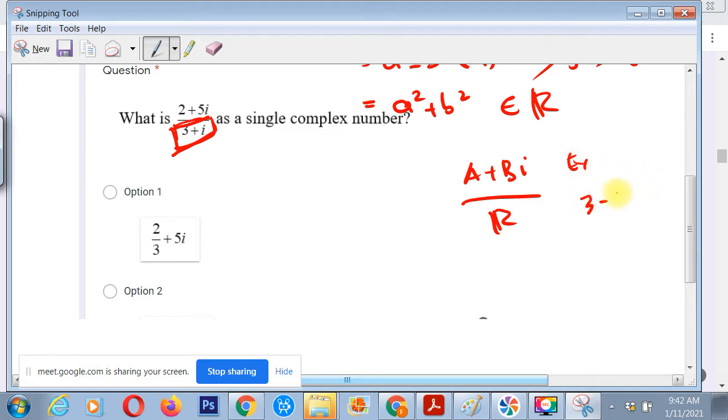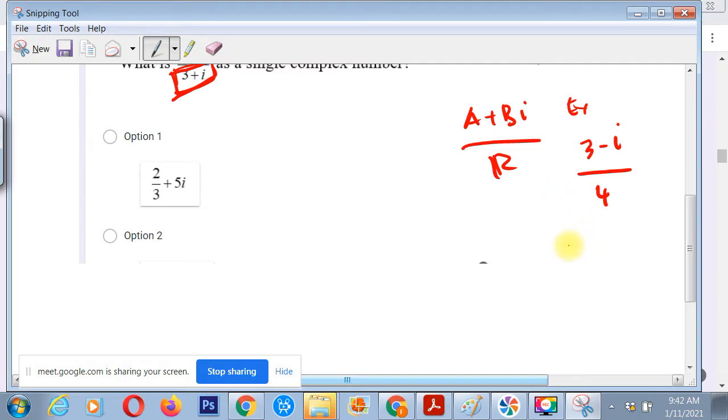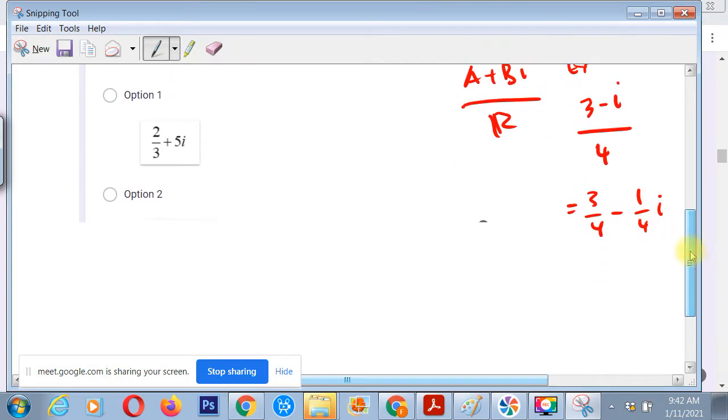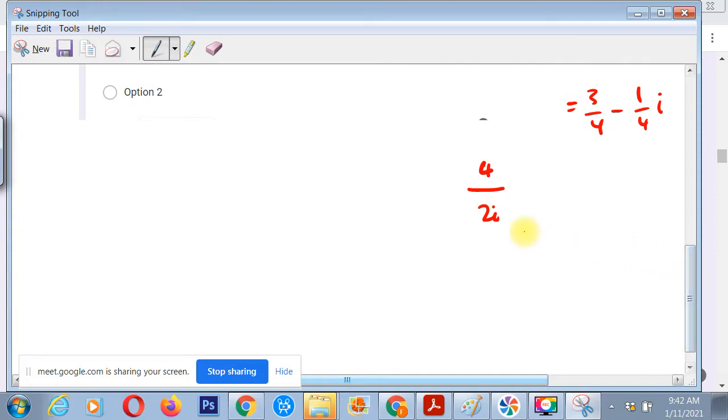For example, 3 minus i divided by 4. More easier. So we can put it as 3 over 4 minus 1 over 4 i. But if we have 4 over 2i, what should you do?